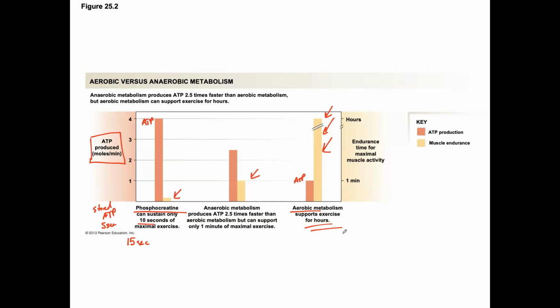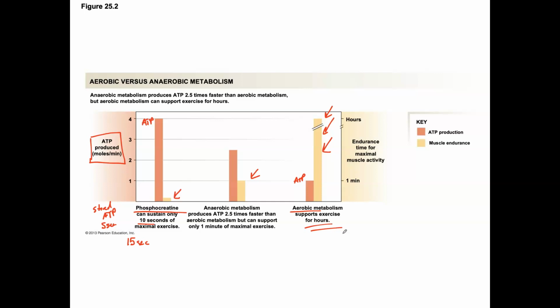And that's because if you are using the glucose and the fatty acids that are available within the body, you can keep running metabolism to create the ATP necessary to sustain muscle contraction. Again, the glucose comes from the liver, it comes from stored glycogen within muscles, or it comes from immediate dietary intake.